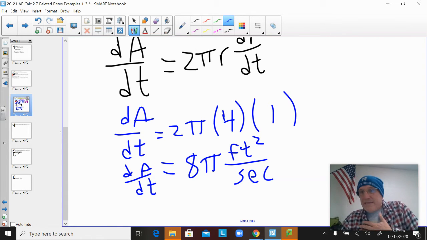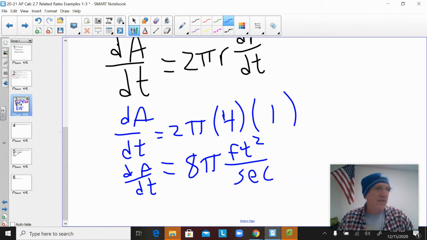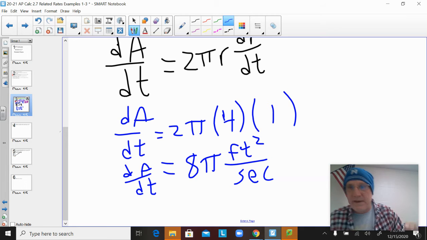And just so you know, my test or the AP test sometimes will say, find the rate in feet squared per second that the area is changing. And if it gives you the units, you wouldn't have to put the unit. But sometimes it'll say, find the rate, and include units. So just be aware, if it's not there, it might ask for it. If it asks for it, make sure you give it.